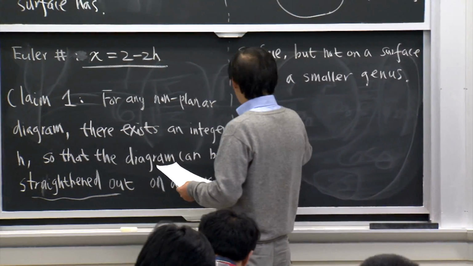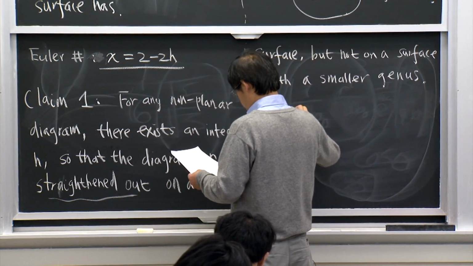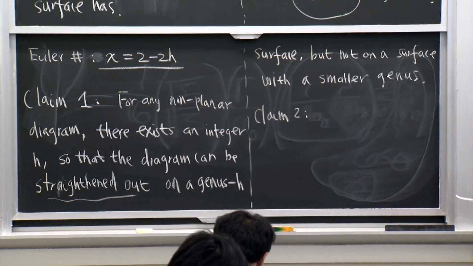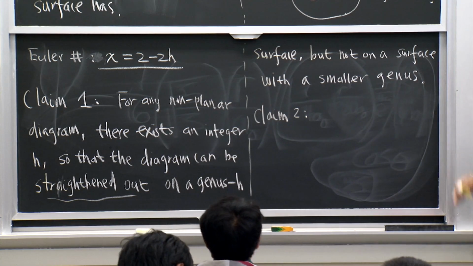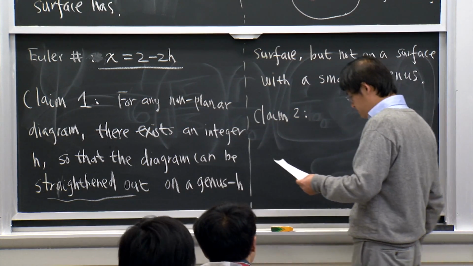So this is claim 1. Now claim 2, which is a generalization of the second observation. Claim 1 is the generalization of the first observation of last time, and claim 2 will be the generalization of the second observation.